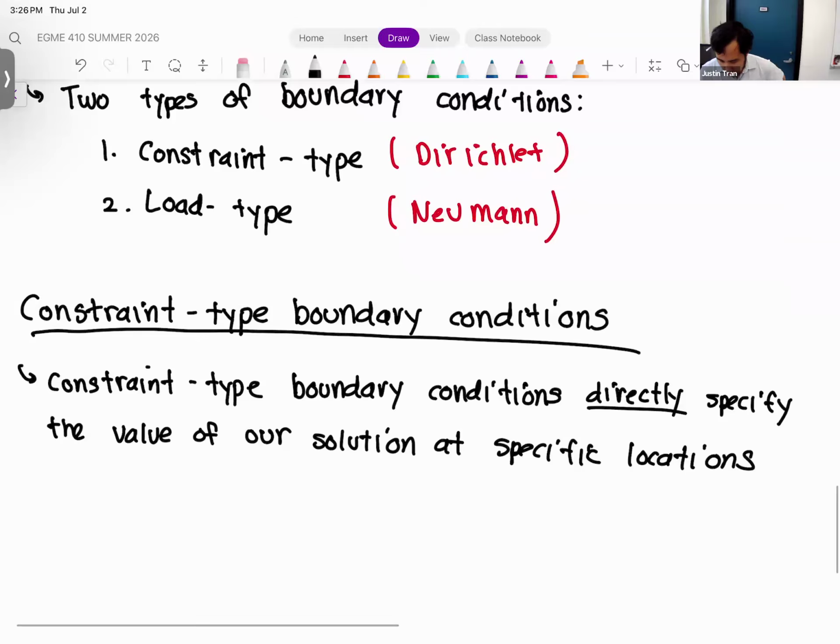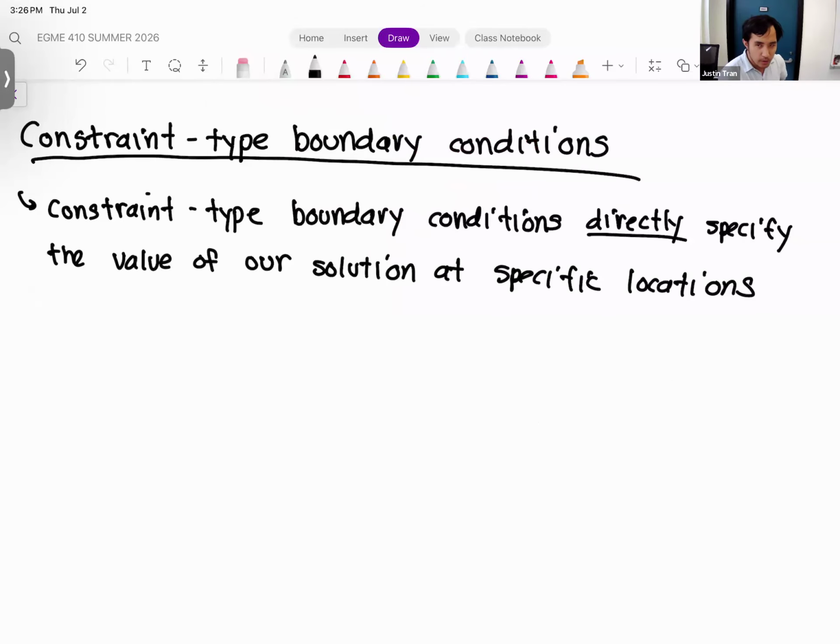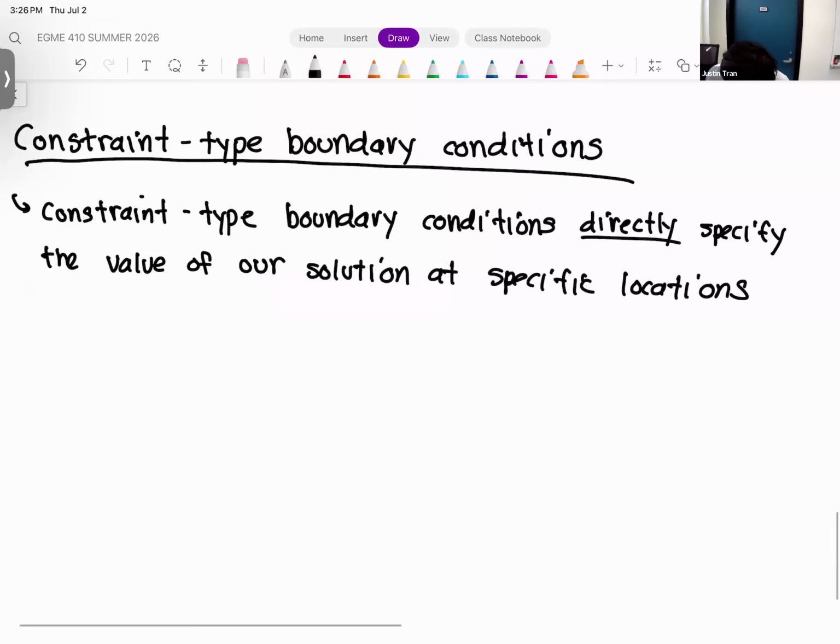There are a few layers to this statement that I want to expound upon. First being directly. A direct specification basically means that your solution has to be this. If we think back to our previous mathematical example, we did actually have a constraint type boundary condition there.